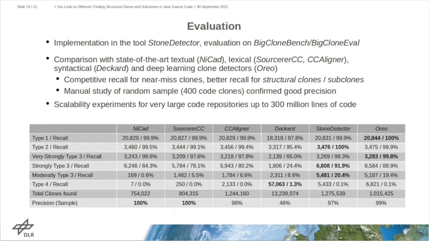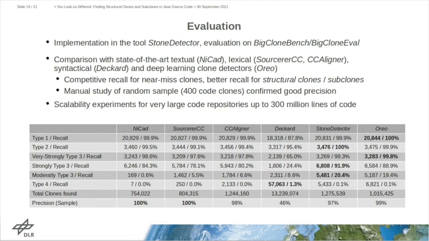Manual analysis also revealed that Stone Detector in particular identifies code clones where the same control flow is implemented using different syntactical constructs, so-called structural clones, and code clones where one code fragment is embedded into another, so-called subclones.